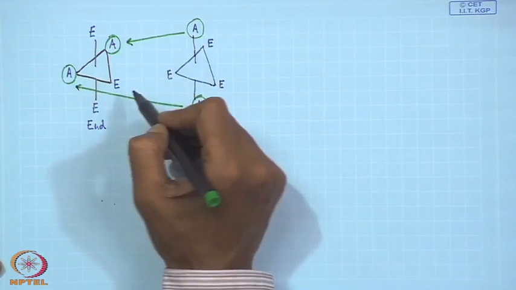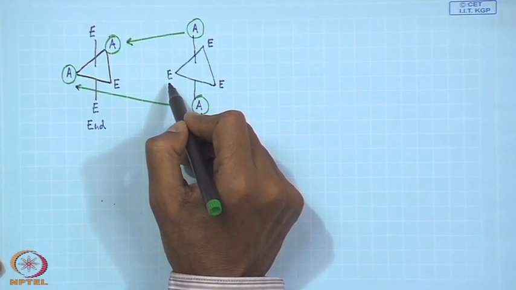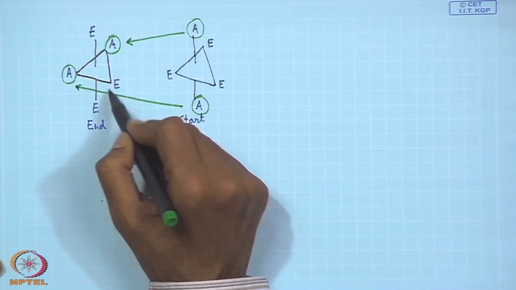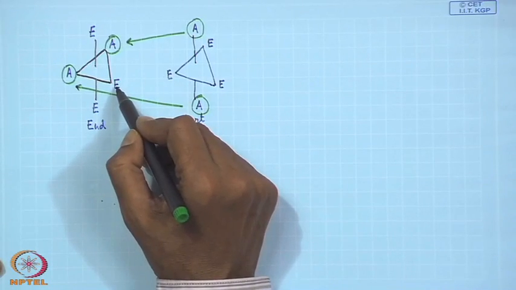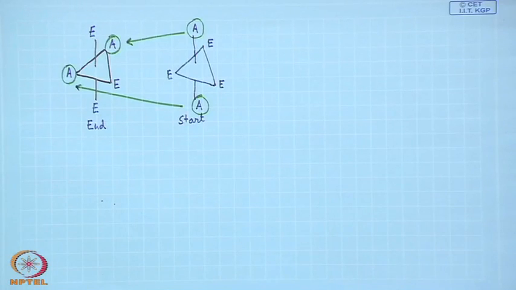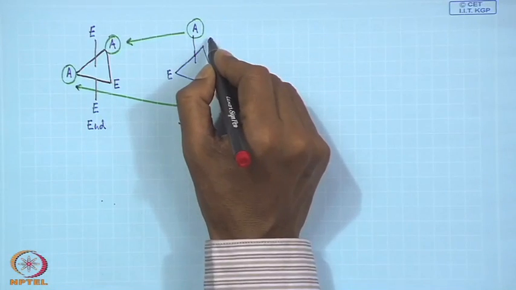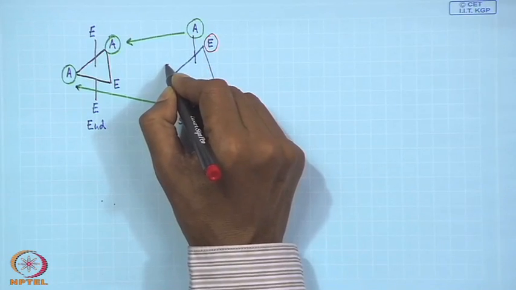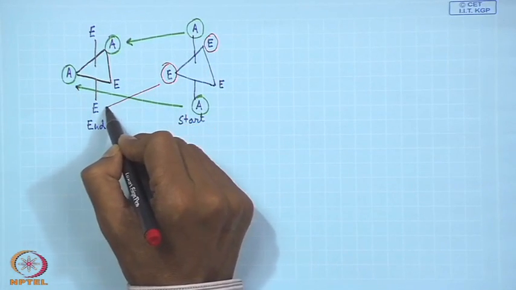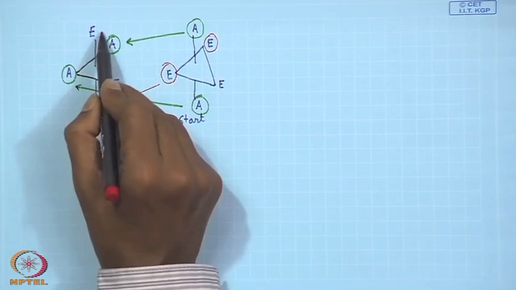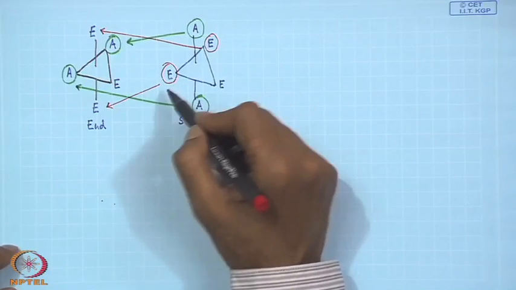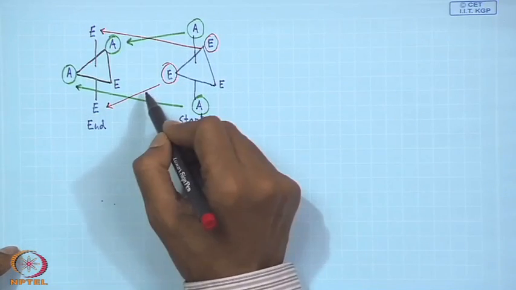Similarly, these E groups which were present in this particular case in the equatorial plane, one is still there, that is one of the E groups is still present in the equatorial positions, but two other equatorial positions, say this position and this position, are moving. So, this E is basically moving here and this A is moving here. So, these equatorial positions have now changed to the axial positions.